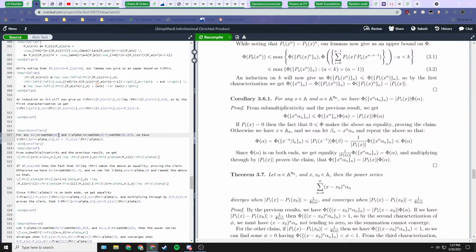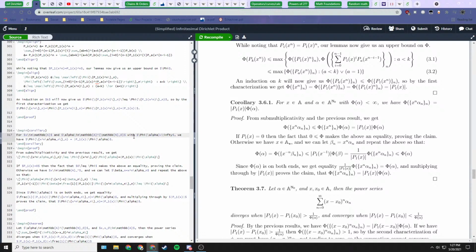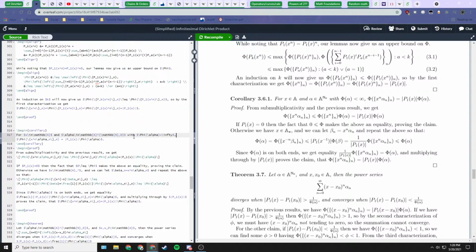So for x in our space and alpha with phi of alpha less than infinity, that's nice. Okay, so x in A, alpha is a sequence in A with phi of alpha less than infinity.